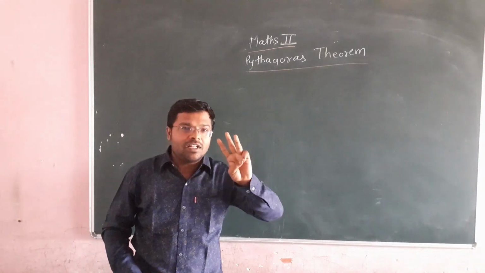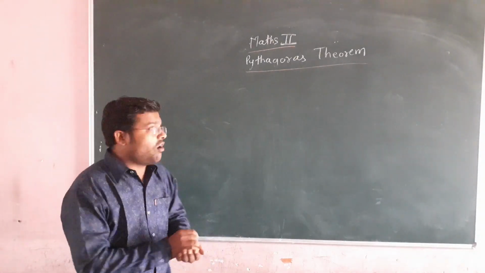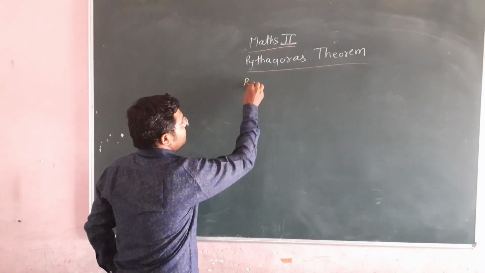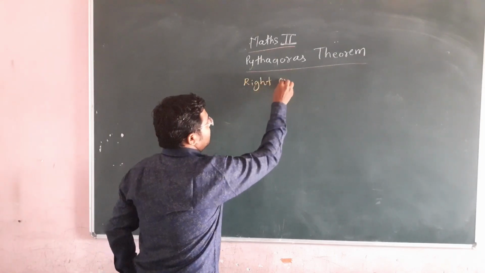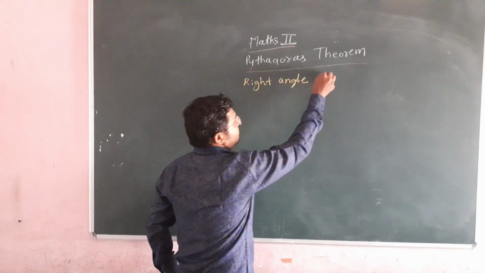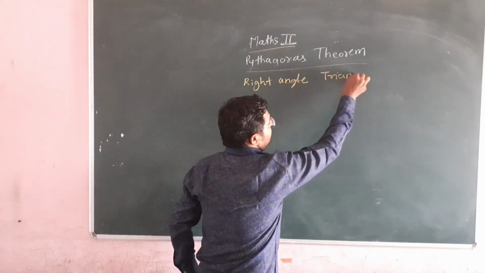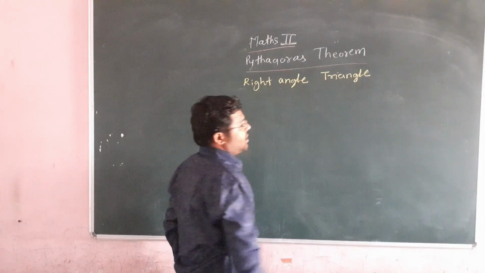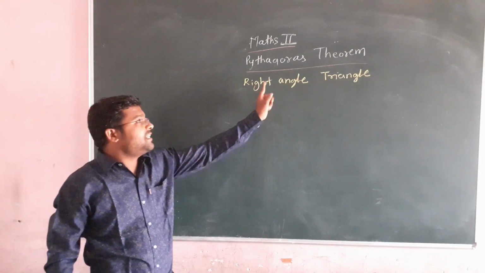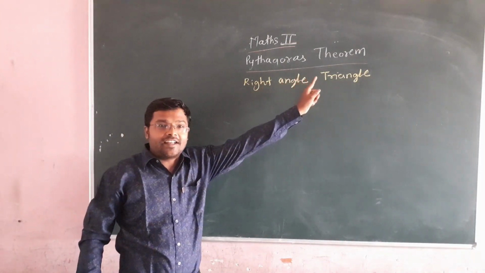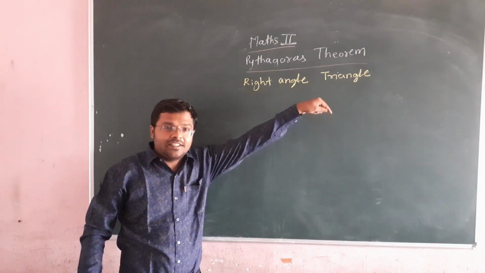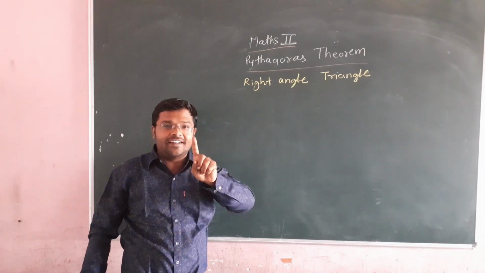So Pythagoras theorem is based on right angle triangle. Right angle triangle means that it has one angle of 90 degrees.